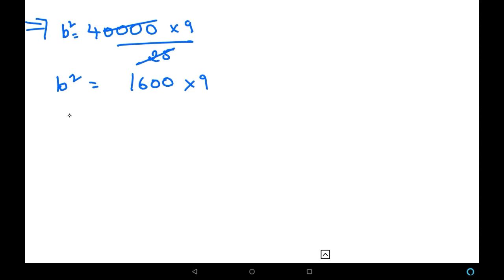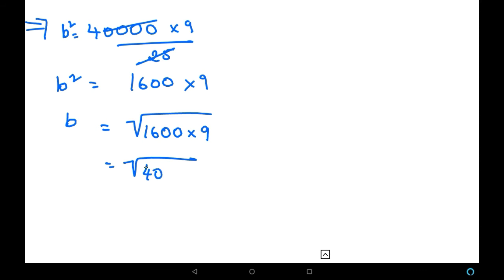If B square is equal to 1600 into 9, then the B value will be the square root of 1600 into 9, where we can write 1600 as 40 square and 9 as 3 square. That will be 40 into 3 whole square, so the square and the square root get cancelled.